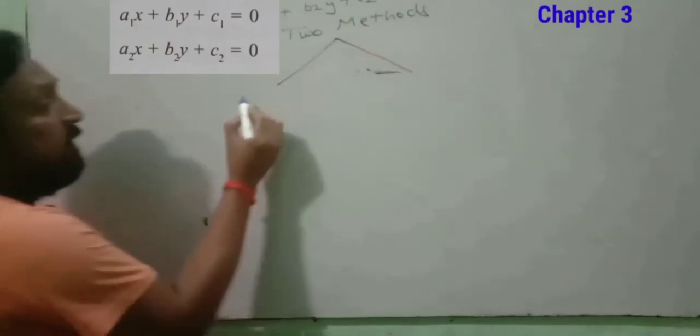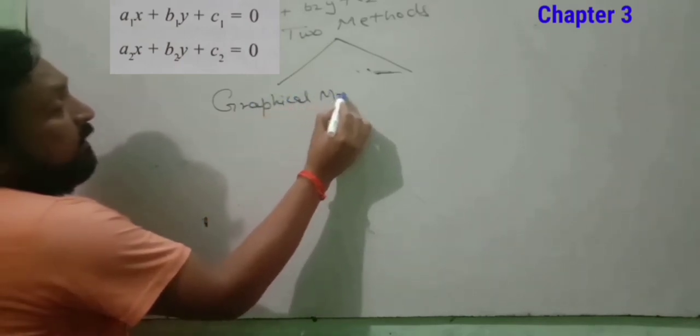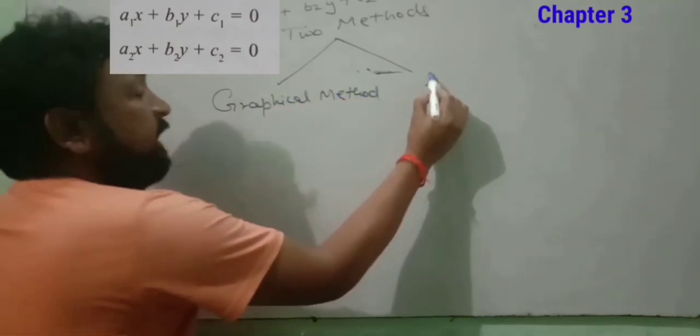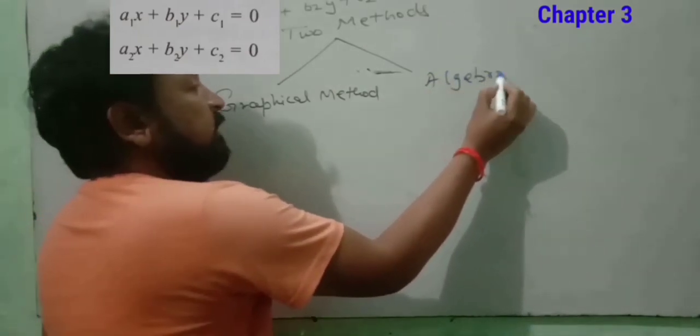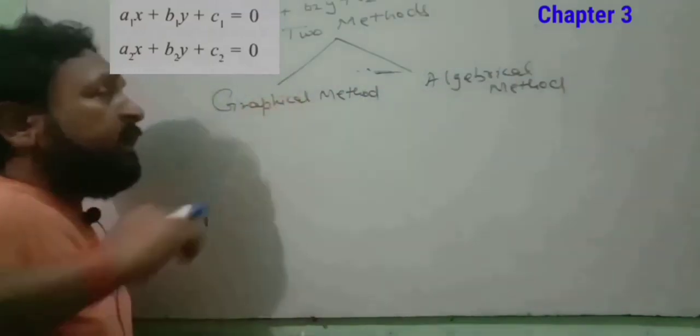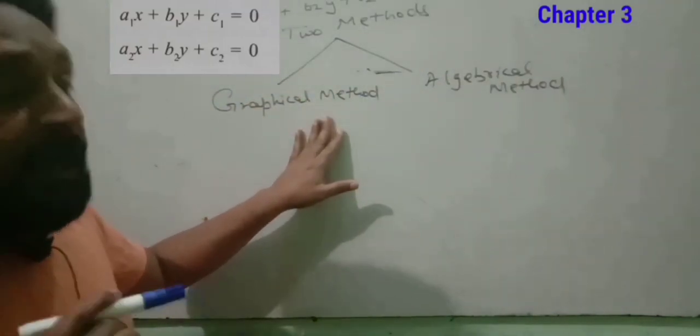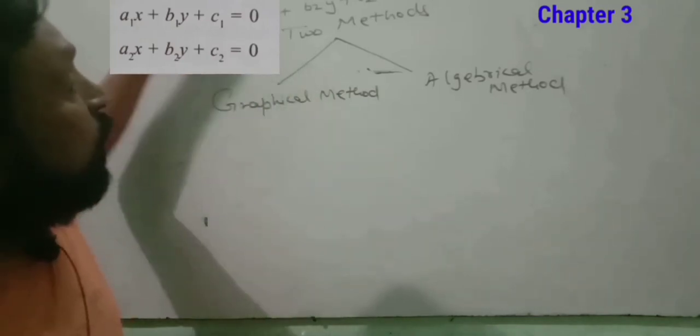The first method is the graphical method, and the second one is the algebraical method. Graphical method means we will use the graph for finding the types of lines.